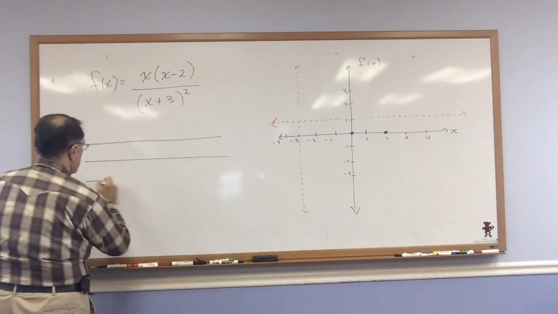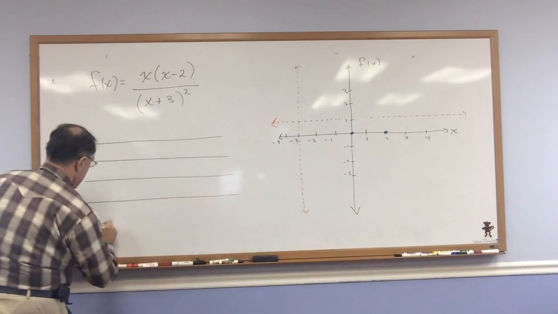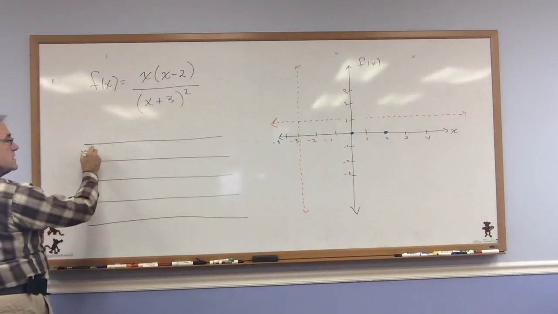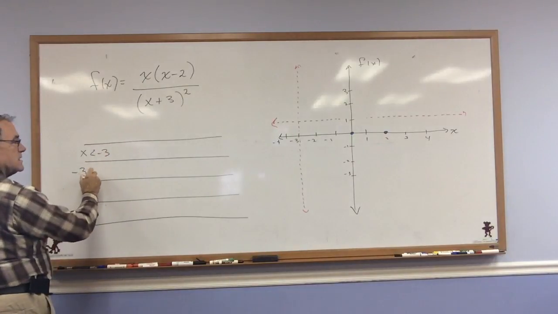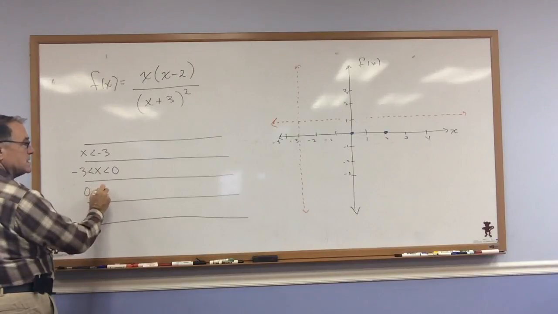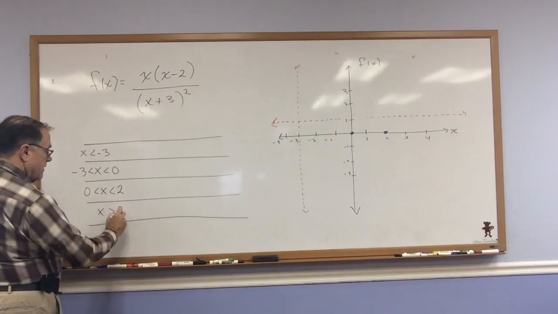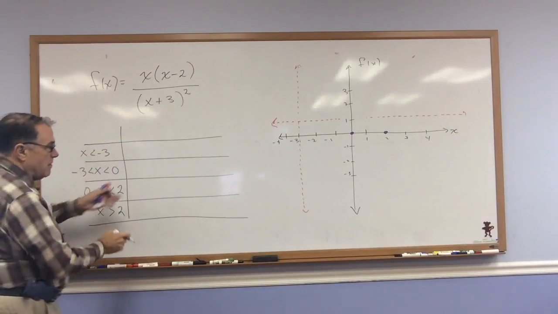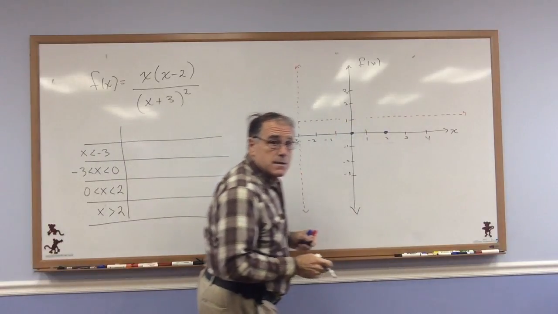I've got x is less than -3, -3 is less than x is less than 0, 0 is less than x is less than 2, and x is greater than 2. So again, these are my 4 intervals along the x-axis.